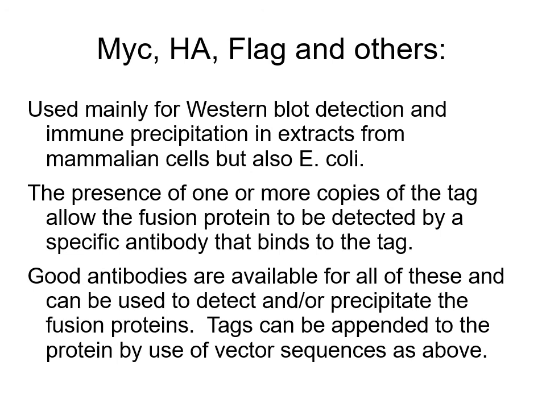So these are usually used for Western blots more than anything, but also for immune precipitation. Okay, and the good antibodies are available, and they are used either at the N-terminus or the C-terminus of the protein. It doesn't really matter which in most cases.